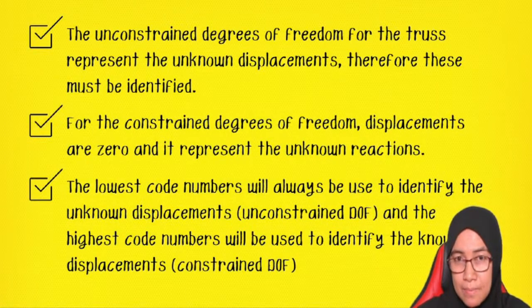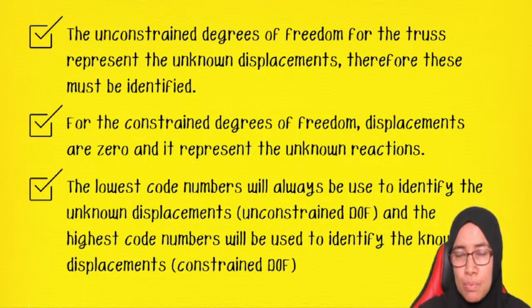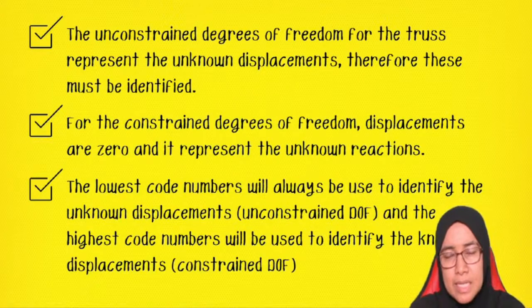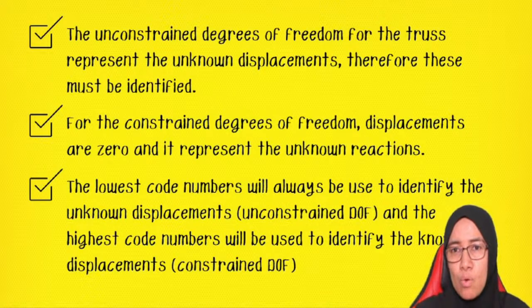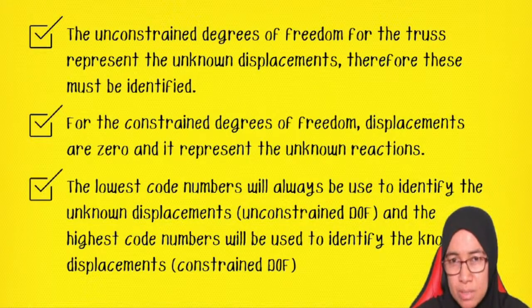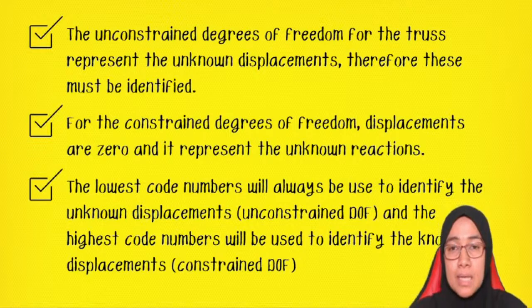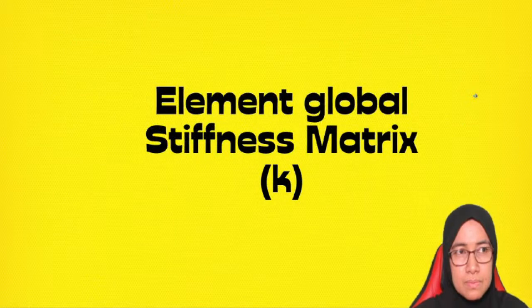Then only we label Q. We use displacement to calculate reaction. So we label unknown displacement first, then forces, unknown reaction. When we label, we have to start from unconstrained, then only constrained.